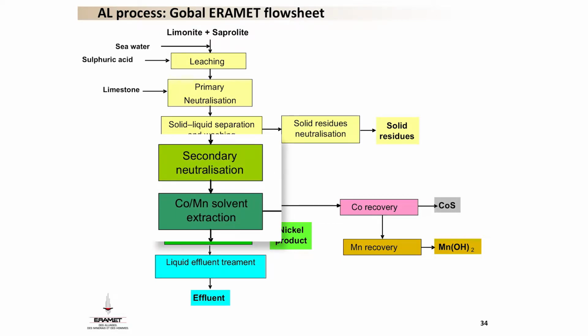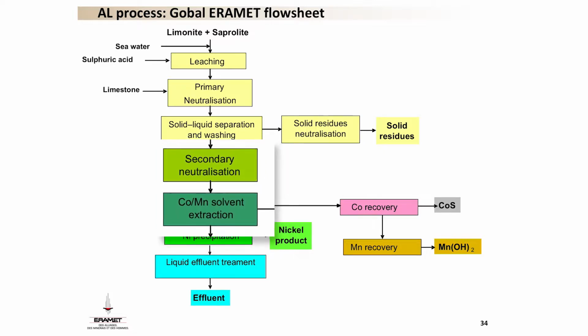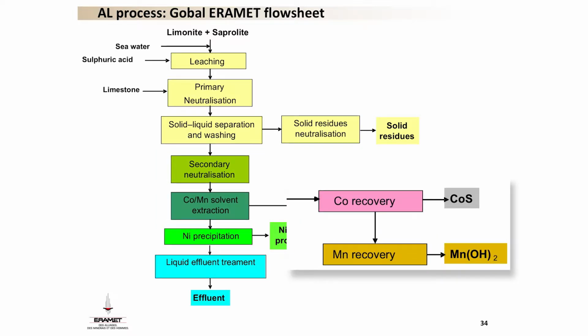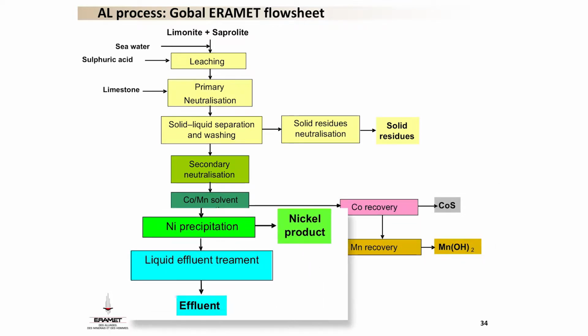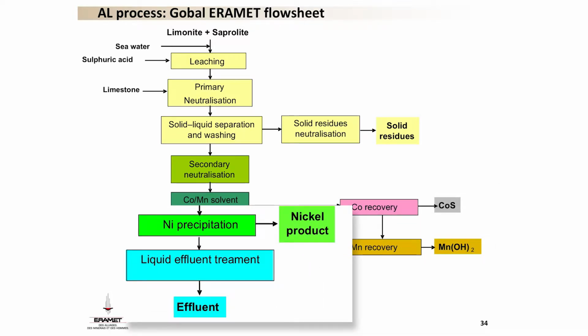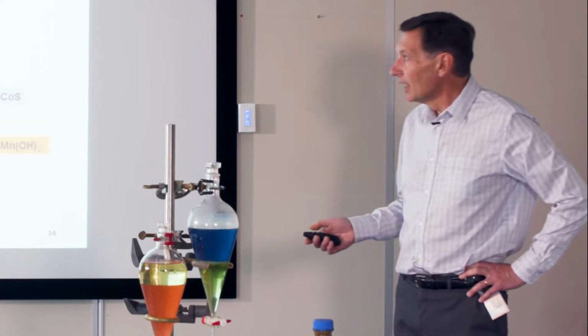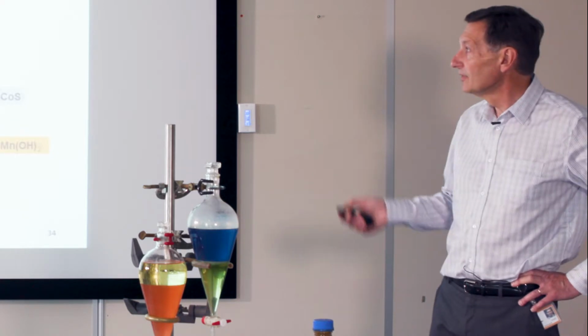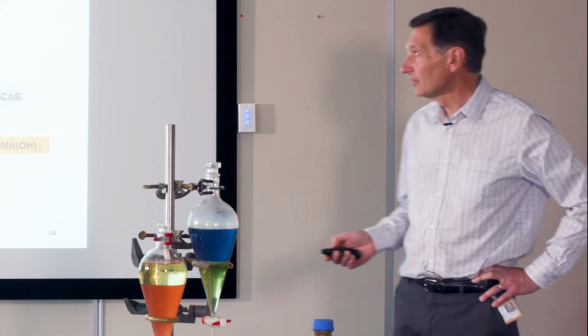On the leach solution, we have a secondary neutralization, a solvent extraction to separate cobalt and manganese, cobalt recovery, manganese recovery, and on the mainstream, nickel precipitation to recover the nickel product. And at the end, the liquid treatment. I will detail you all these different parts of the processes.